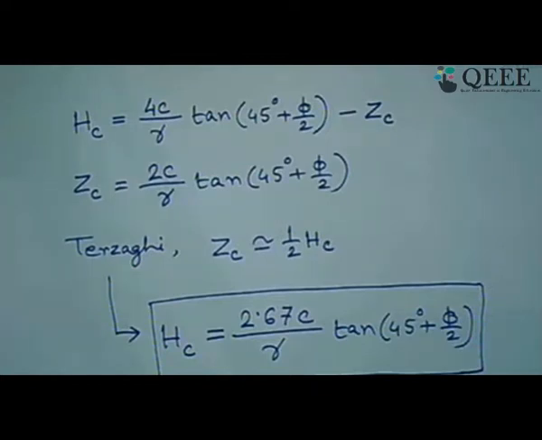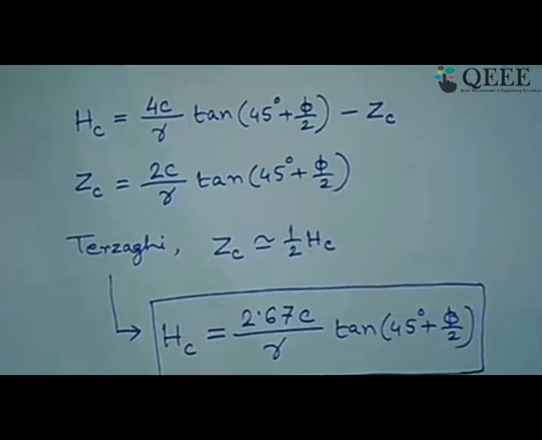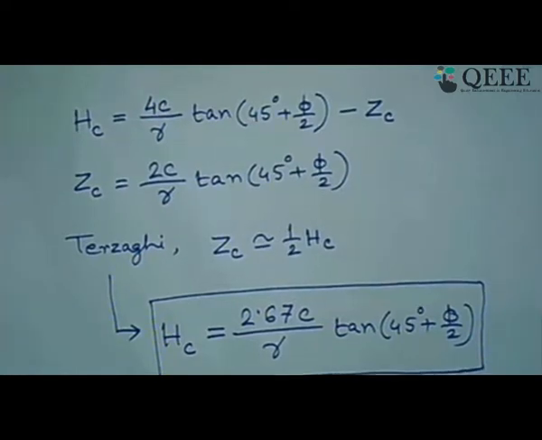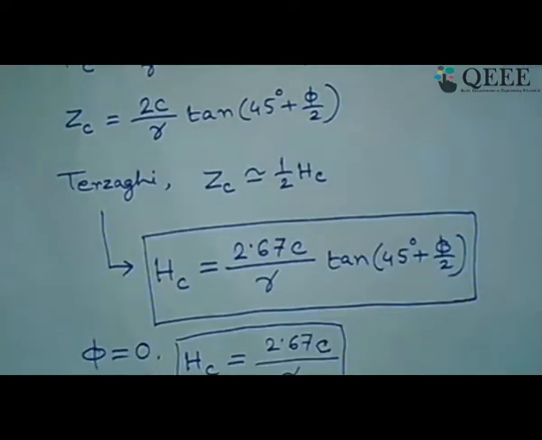Another possibility of phi equals 0 is the completely undrained condition, because in the previous lecture I mentioned that for undrained condition K is equal to 1. In such a special case of phi equals 0, we get the HC value equal to 2.67 C by gamma. So this is for pure cohesive soil; this is the critical height of vertical cut.